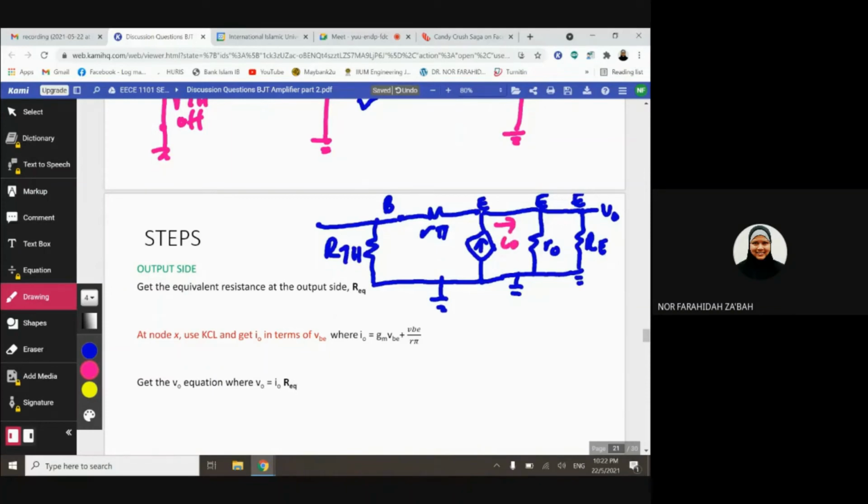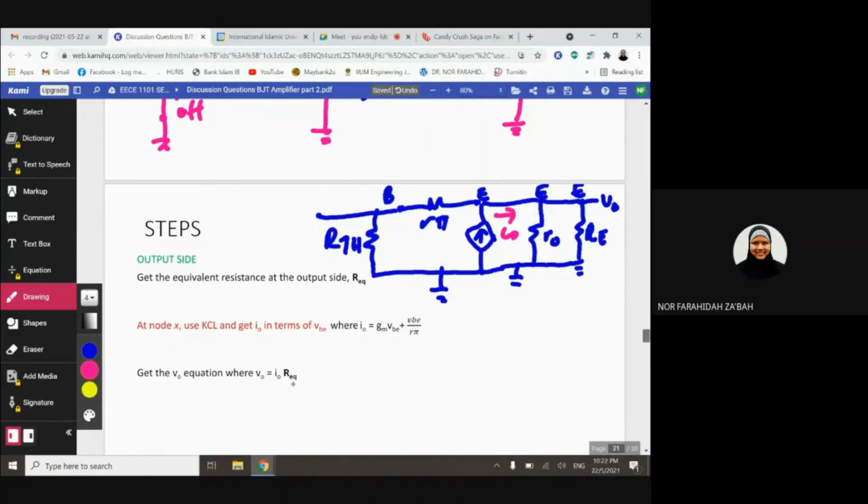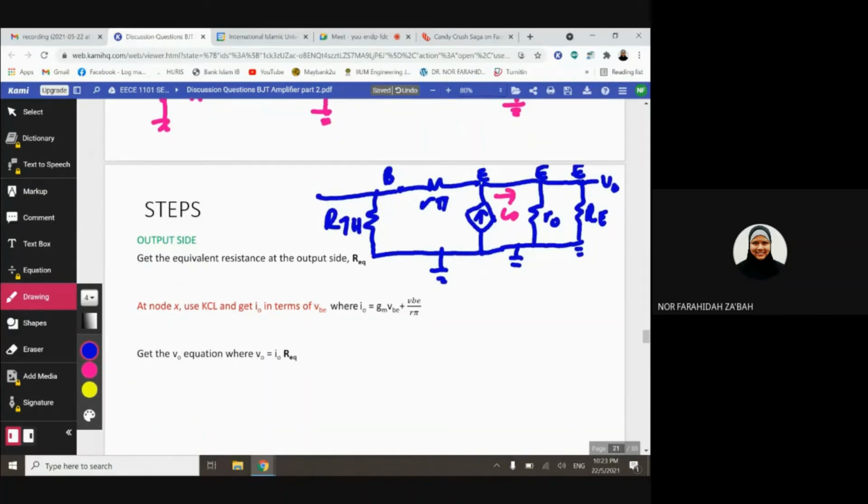Okay, for your V out, I have labeled your output voltage at your emitter terminal. So let's find R equivalent. I labeled it as R equivalent because, as I mentioned in the video, for the output resistance of the common collector you have to use a formula, kan.